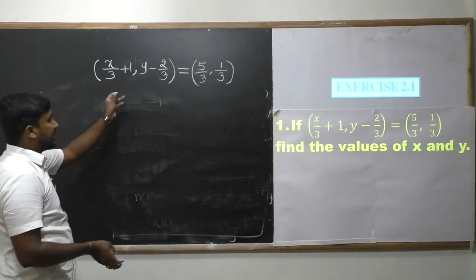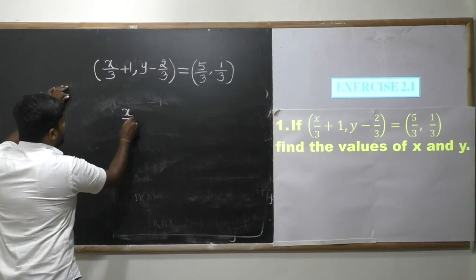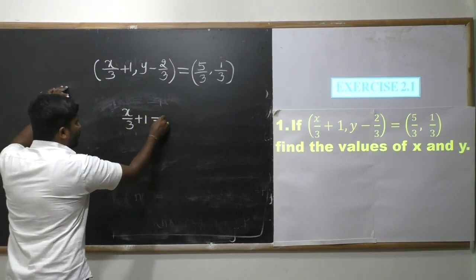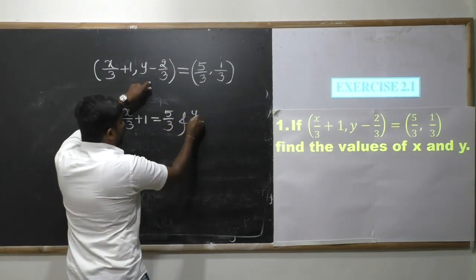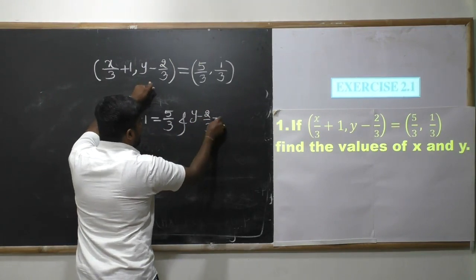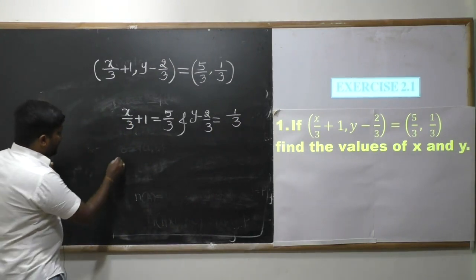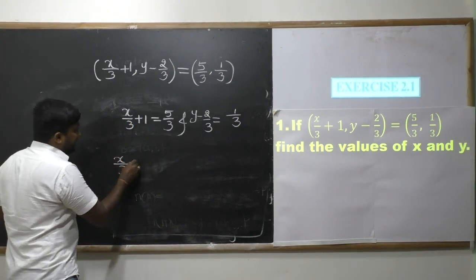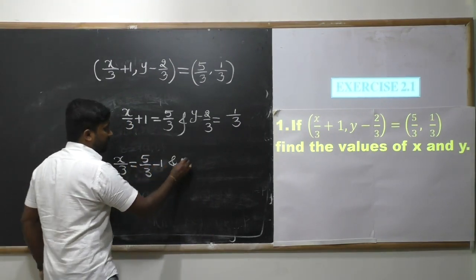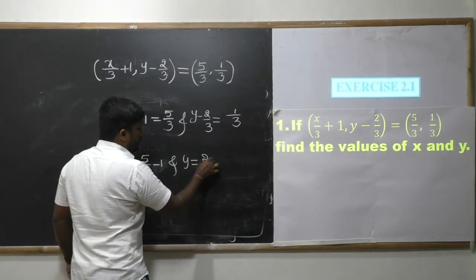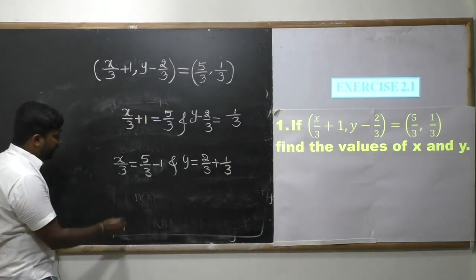Now by equating the components of LHS and RHS, we write x/3 + 1 is equal to 5/3, and also the second components, y - 2/3 is equal to 1/3. Correct? Now x/3 is equal to 5/3 - 1, and y is equal to 2/3 + 1/3. Now please simplify this.